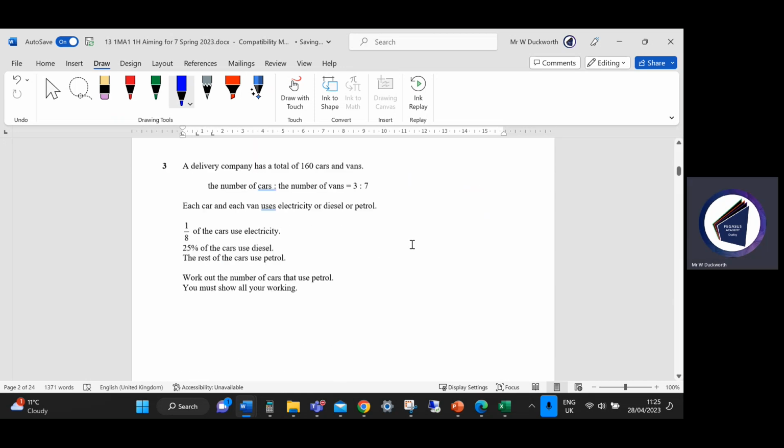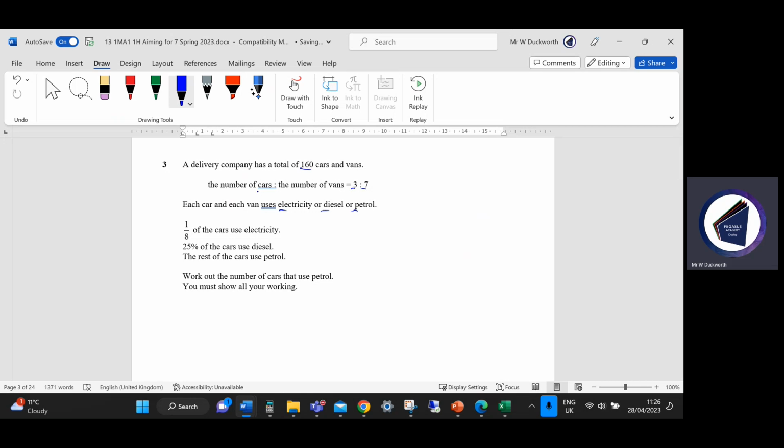Okay, question 3. A delivery company has a total of 160 cars and vans. The number of cars to the number of vans is 3 to 7. Each car and each van uses either electricity, diesel, or petrol. 1/8 of the cars use electricity, 25% use diesel, the rest of the cars use petrol. Work out the number of cars that use petrol. You must show all of your working.